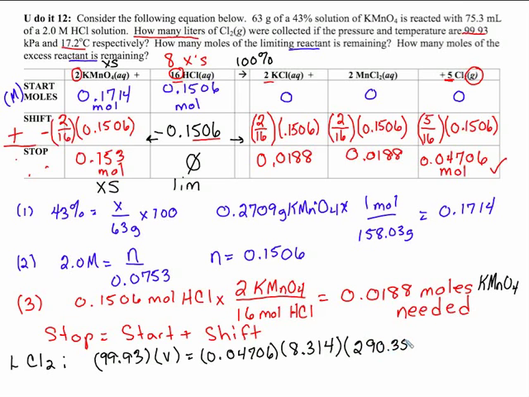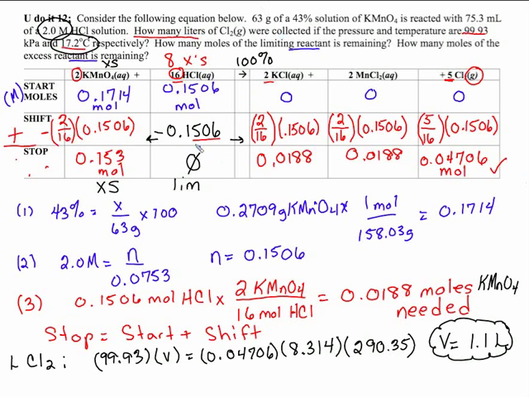Remember, you have to have Kelvin for your temperature. So I went ahead and converted this to Kelvin. And if I do my volume, and since I started with HCl with 2 sig figs back here, I'm going to report my volume as 1.1 liters. So that's one of my answers.